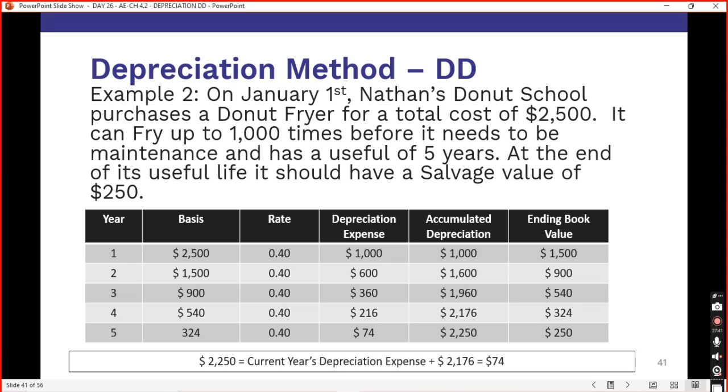Okay? So that's another way that you could be able to solve is if you've already identified that your ending balance needs to be 250 and your ending balance previous is 324, find the difference, 74, and that will be your depreciation expense for that year to get your end result to be 250.